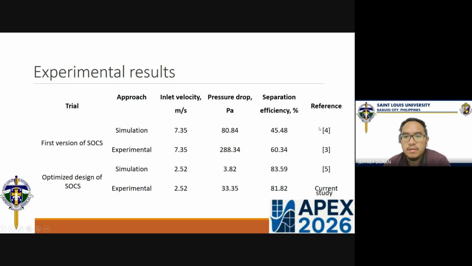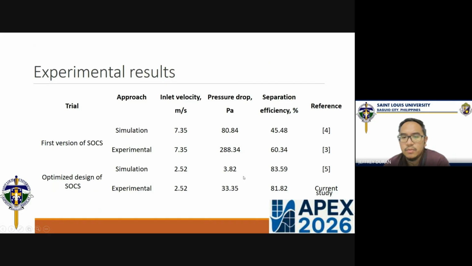Now, if you take a look, we have also included the first version of the side outlets cyclone separator, which is at 45.48 and 60.34% for the separation efficiency, respectively. Now, we have validated our results using the separation efficiency.